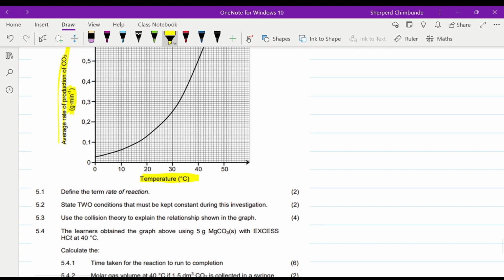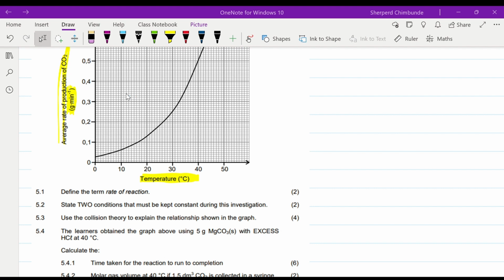And we have the question that says define the term rate of reaction. When you do definitions, they are always from the exam guideline. If you use your own definitions, chances are that you are going to get it wrong. So all your definitions must come from your exam guideline.